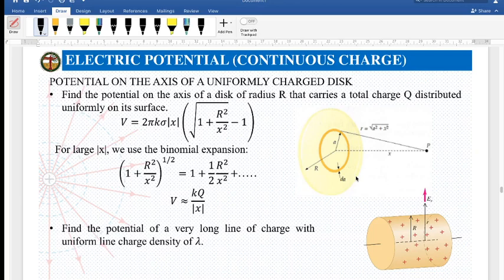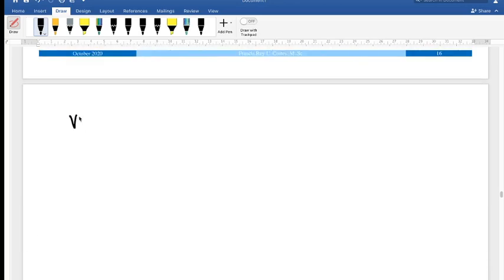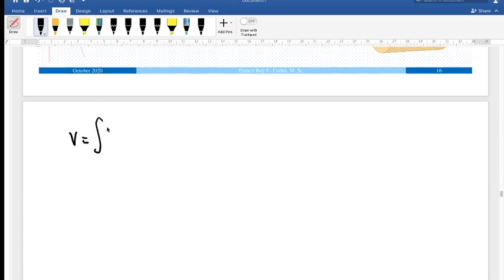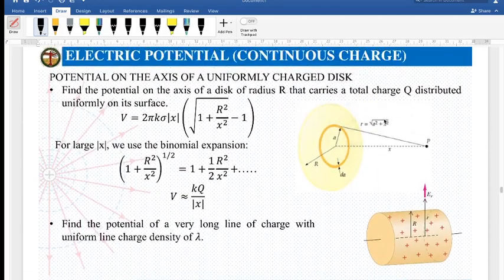So here, your V is equal to the integral of k dq over r. But your dq, again, just like what we did in our electric field, is equal to sigma dA, since you are dealing with a surface, assuming that the thickness of the disk can be neglected.